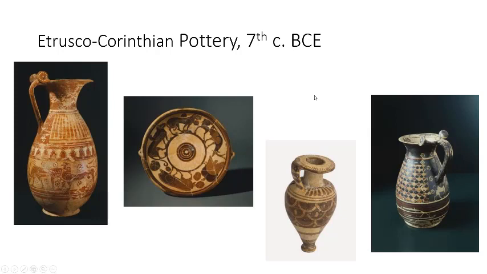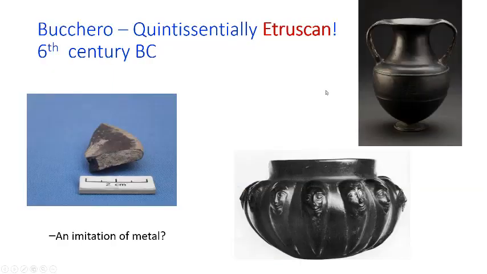Remember, Corinthian pottery was really popular at that time, and it was spread far and wide. At the same time, however, like I said, they continue to develop their own pottery styles.